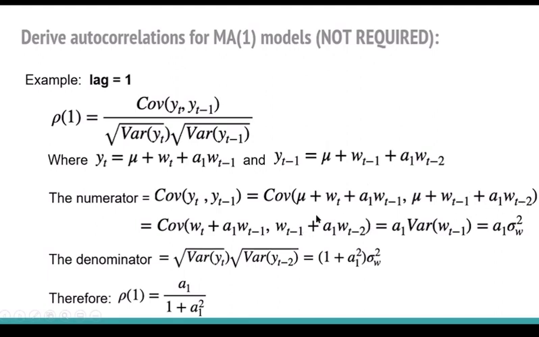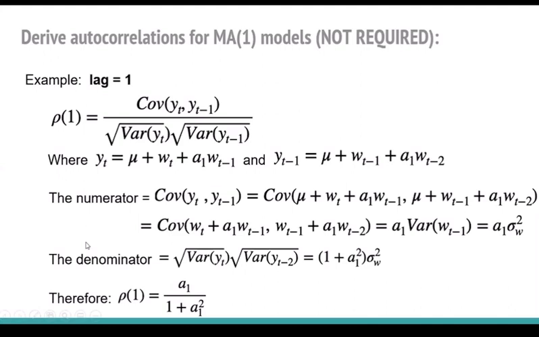Mathematically speaking, the covariance of that is just going to be A1 times the variance of WT minus 1. And of course, this is A1, the A1 is actually here. And the variance of WT minus 1 is actually sigma square W. I told you the other time, the variance of residual, whether the present values of residual or the previous values of residual, is actually going to be sigma square W.